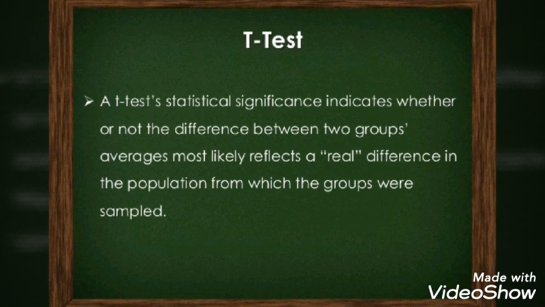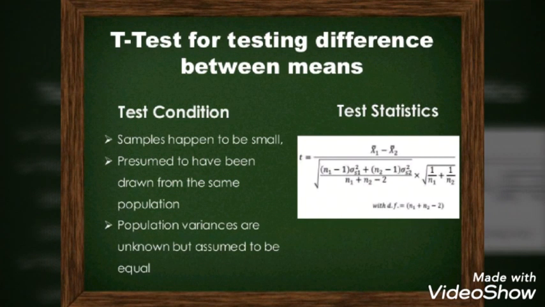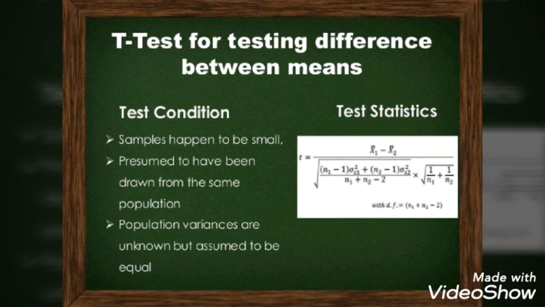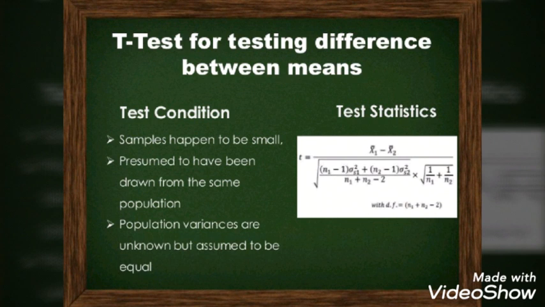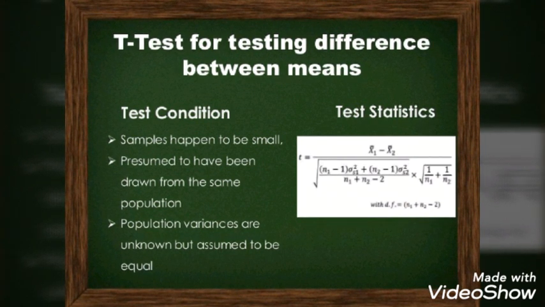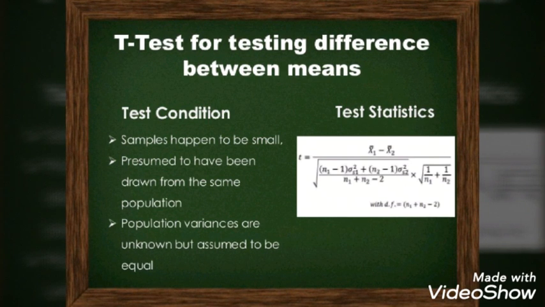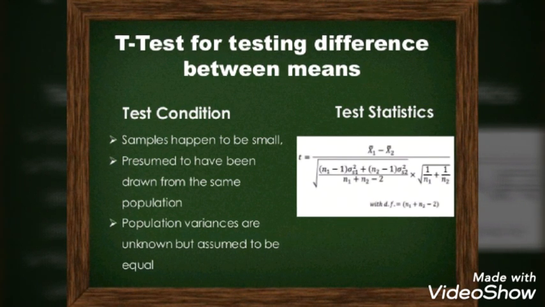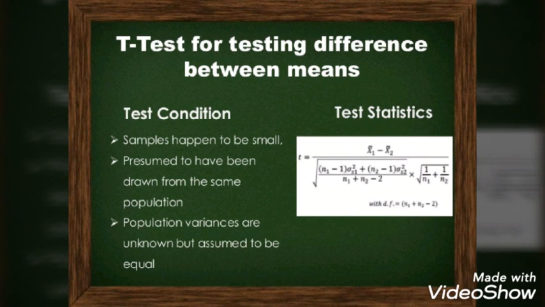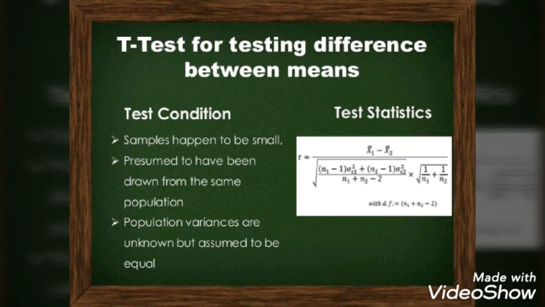See here, t-test for testing difference between means. Test conditions: samples should be small, presumed to be drawn from the same population. Population variances are unknown but assumed to be equal. So whenever you are using the t-test in a hypothesis, your sample size should be small, then only you can use this for your calculation.